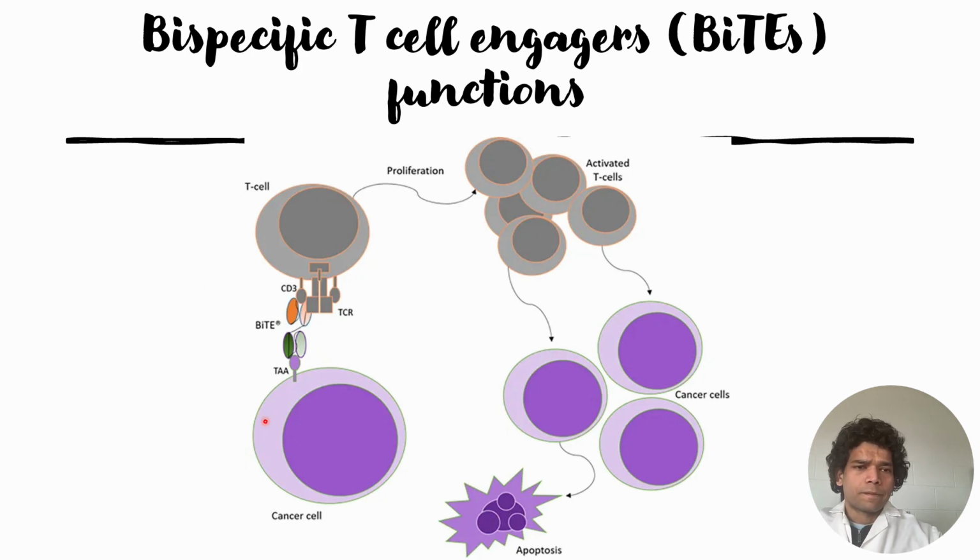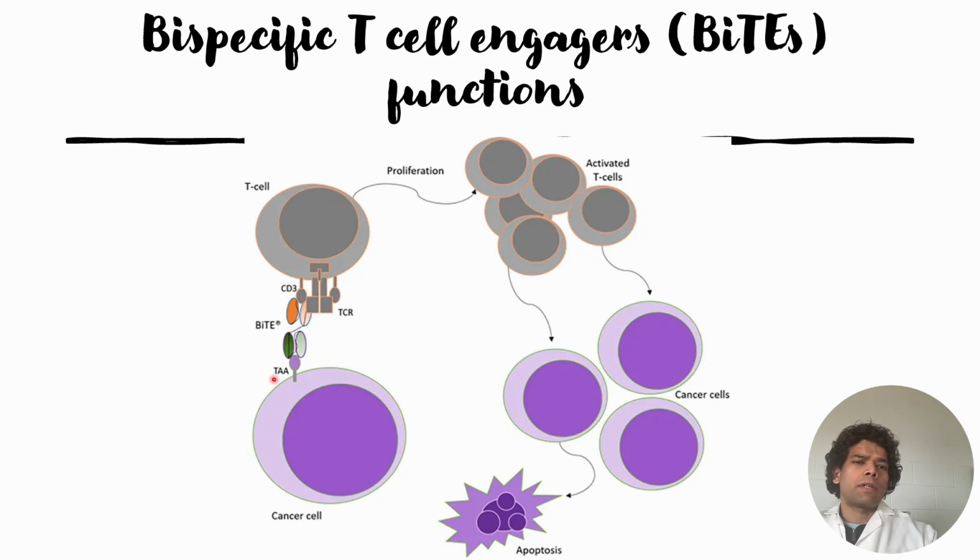In this case, the main limitation of this BiTE is that the challenge is to find a tumor associated antigen that is present in the maximum number of tumor cells in the patient.